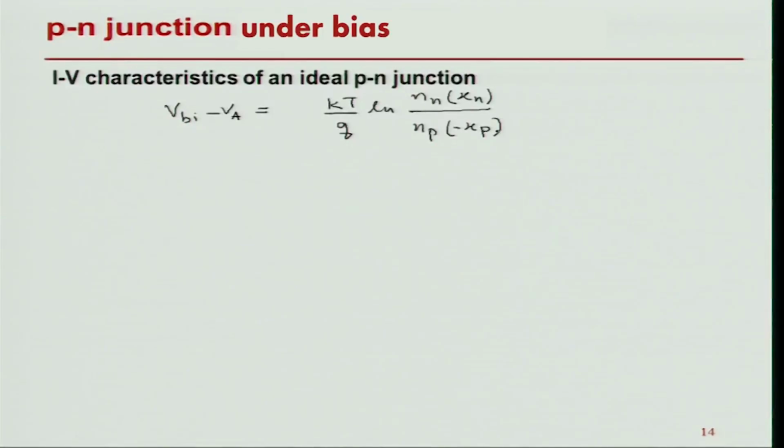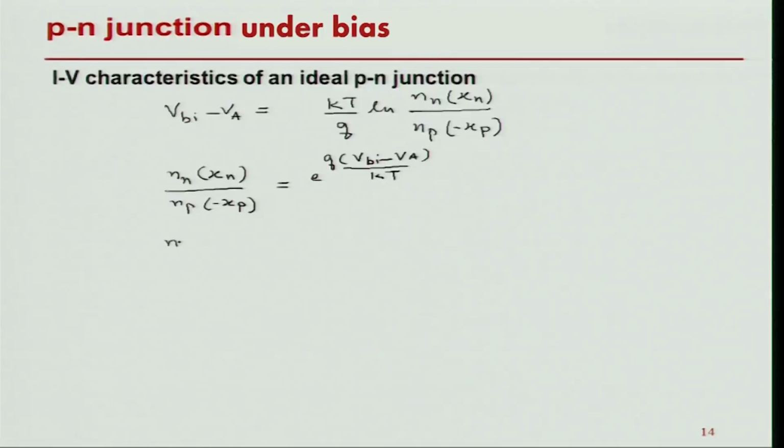What I am interested in is figuring out the boundary condition when I try to solve my continuity equation in the p or the n region. So, I would like to reverse the order and look at the electron concentration in terms of, I can write that as exponential q V B minus V A, now.